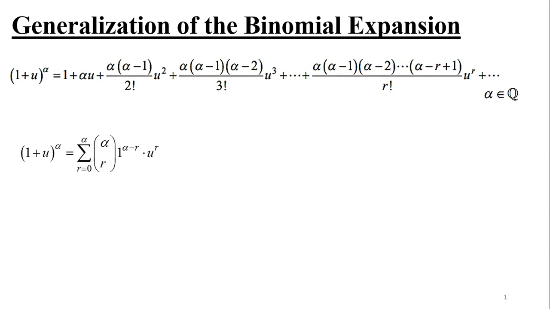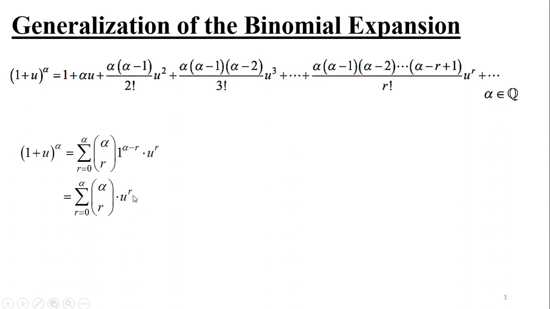A factor in the form (1 + u)^α is the sum where r goes from 0 to α of the combination of r out of α times 1 to the α minus r times u to the r. And 1 to the power of anything is 1, which simplifies the series into only having the combination of r out of α times u to the r.